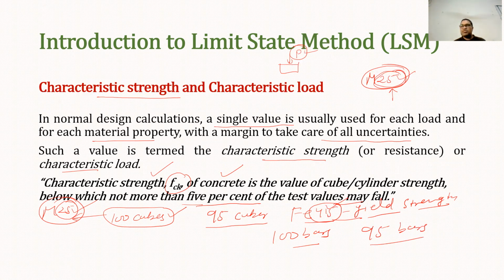So that is the definition of characteristic strength: at least 95% of the sample should pass or conform to the given value of the strength.